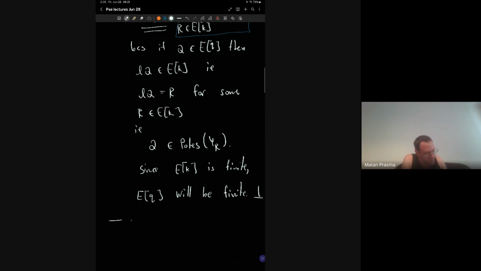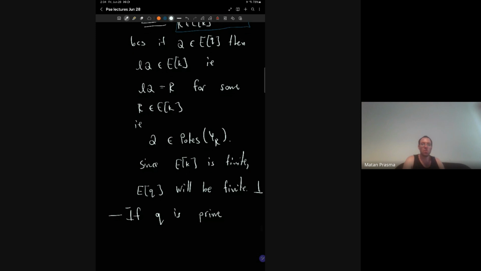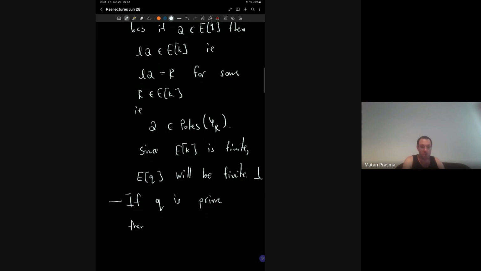Now, the other case, if Q is prime, then E2 is obviously contained. In fact it's a subgroup.